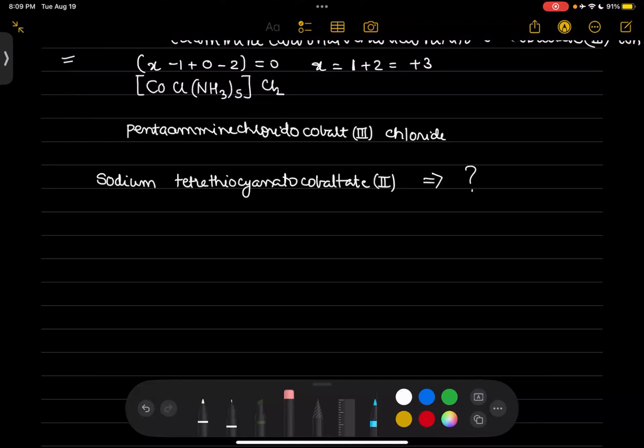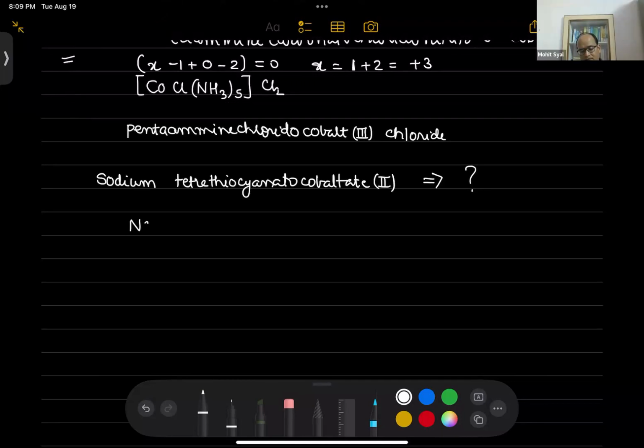So the cation sodium is clear, that we know. And the anion also we know. It is made up of cobalt, right?